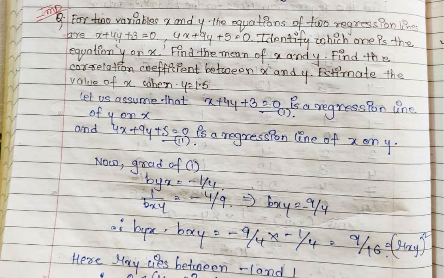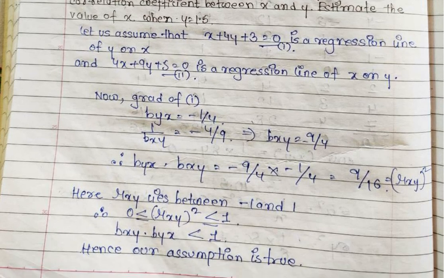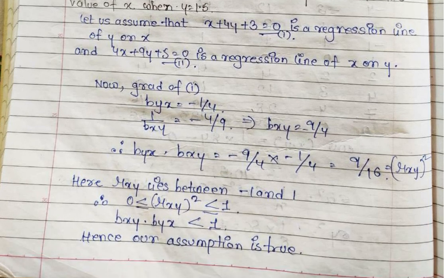Clear? Now we find out the correlation coefficient by property 2 in note 2, that is the product of the regression coefficients equals the square of the correlation coefficient. So the square of the correlation coefficient becomes 9 by 16. Now the correlation coefficient generally lies between minus 1 and plus 1, so its square must lie between 0 and 1.